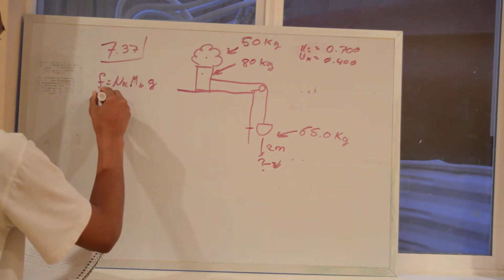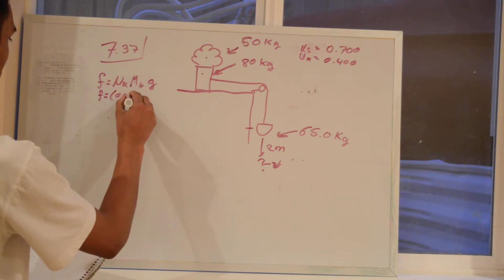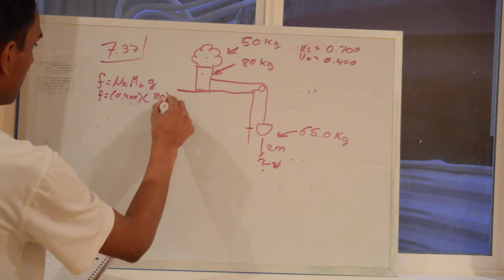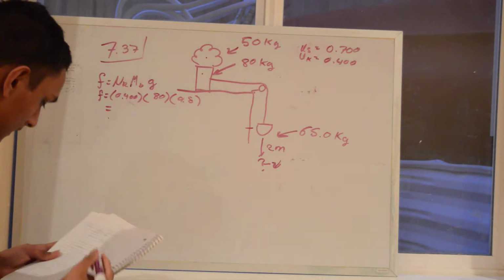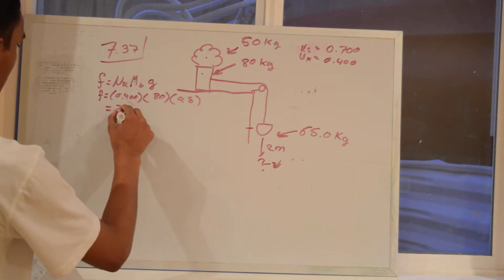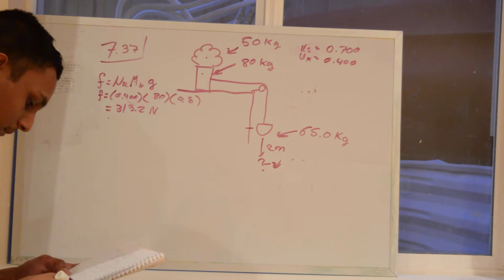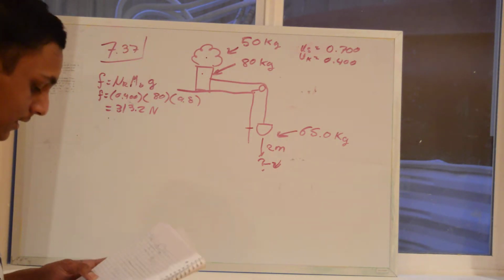So let's plug these numbers in. We get friction is equal to 0.4 multiplied by 80 kilograms multiplied by 9.8. Then we get an answer of 313.2 newtons.